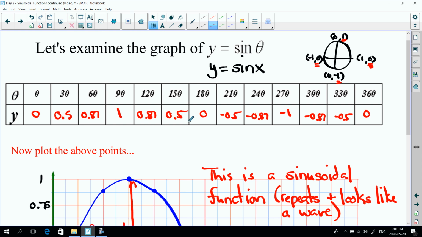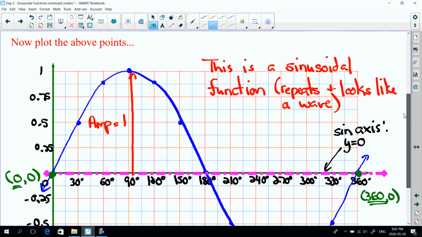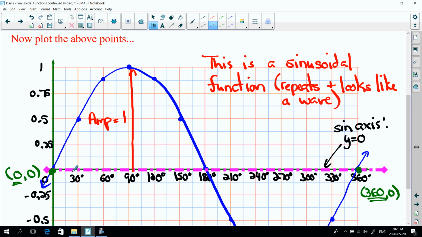In quadrant 2, the sine values are positive. In quadrant 3, the sine values are negative, as in quadrant 4, sine values are negative. What this curve would look like is this blue line down here. So 0 degrees, 0, 30 degrees, 0.5, 60 degrees, 0.87, 90 degrees, 1, 120 degrees, 0.87, and so on.